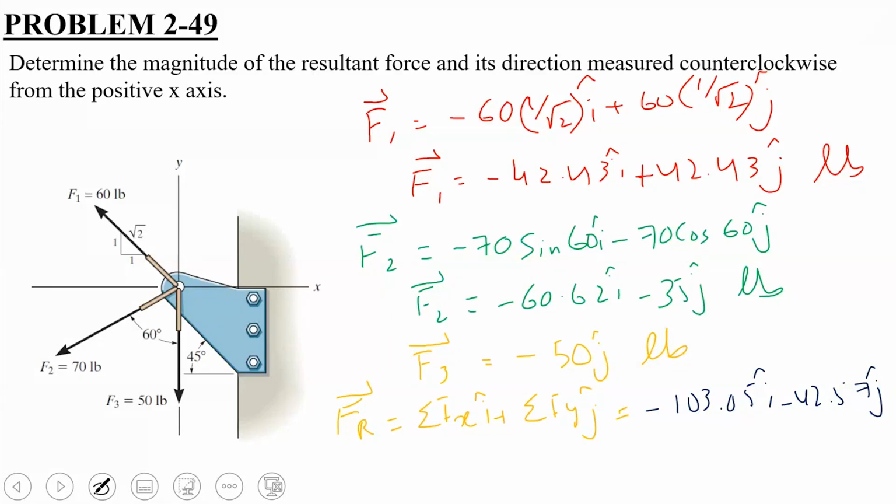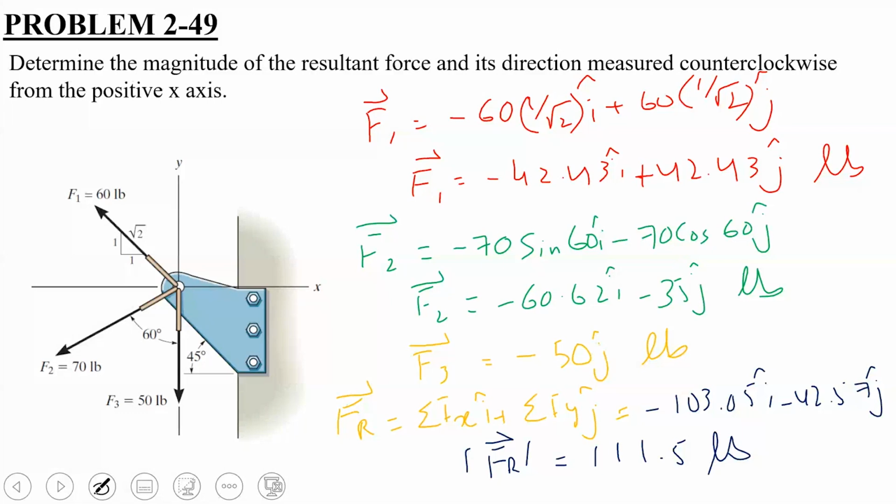So this is the resultant force Fr. Once you have found this resultant force, the magnitude can be calculated as the square root of 103.05 squared plus 42.57 squared. So the resultant comes out to be 111.5 pounds. This is the magnitude of the resultant force Fr.